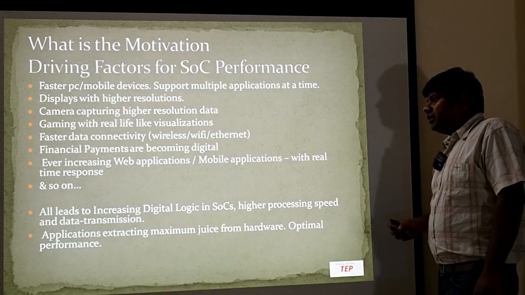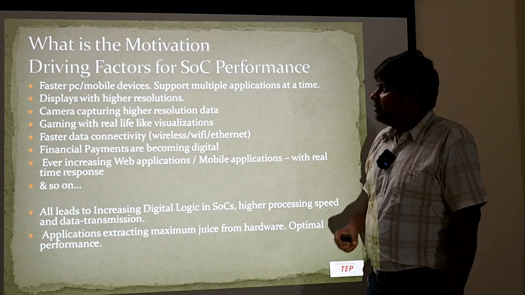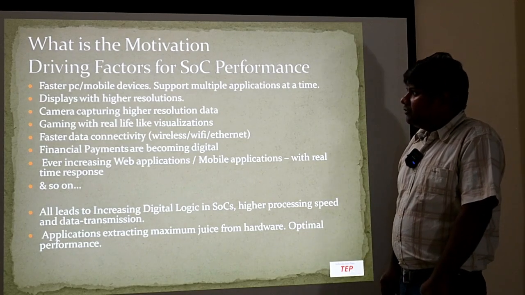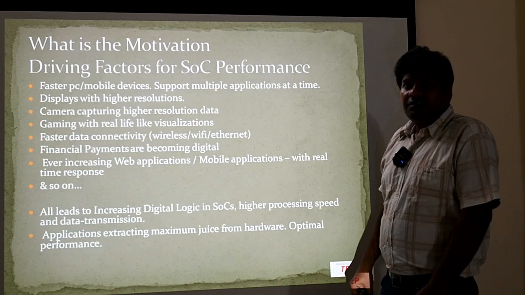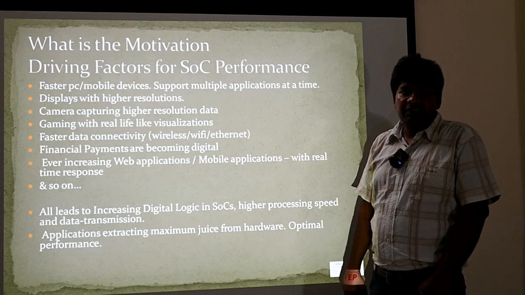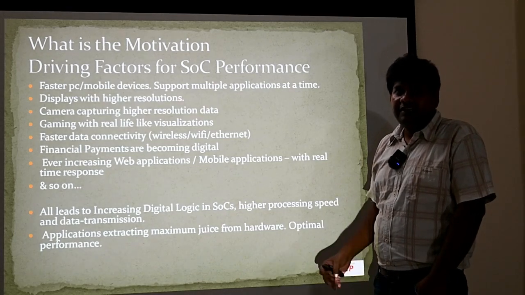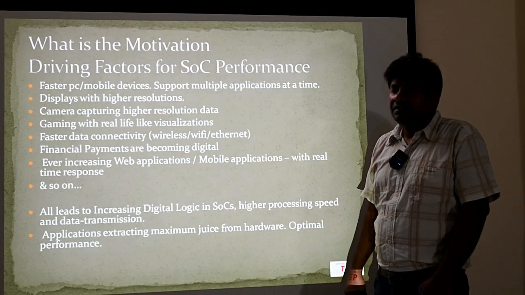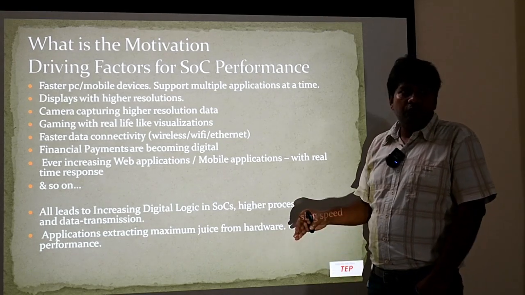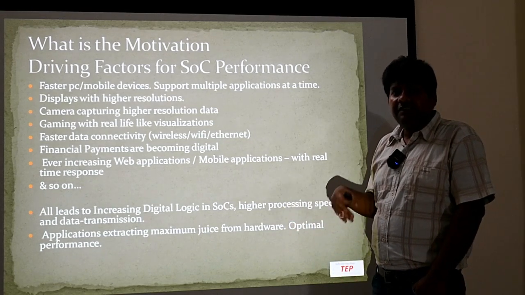So now we come back to our topic, power and performance. What is the driving factor, why do we want high performance? Like you want your PC to be very fast. What does it mean? That you want higher frequency running cores. And why do we want that? Because we want to run multiple applications all together.